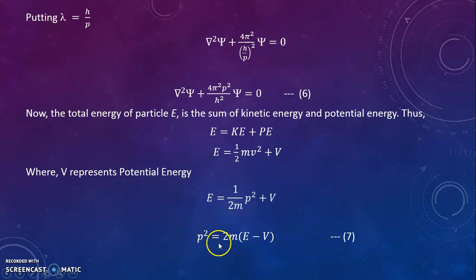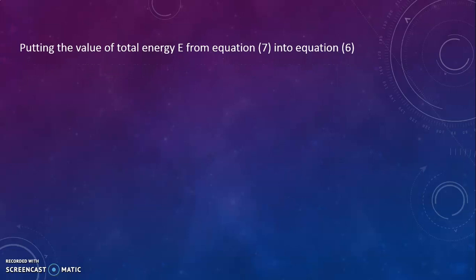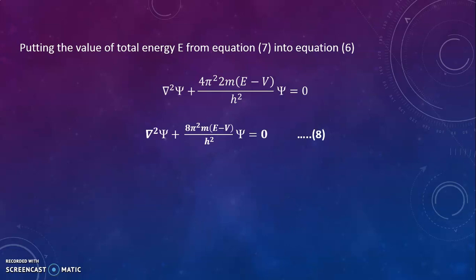So p square will be equal to 2m in bracket E minus V. Let this be equation number 7. Putting the value of p square from equation 7 into equation 6, equation 6 becomes del square psi plus 4 pi square into 2m (E minus V) upon h square into psi, which is equal to 0.